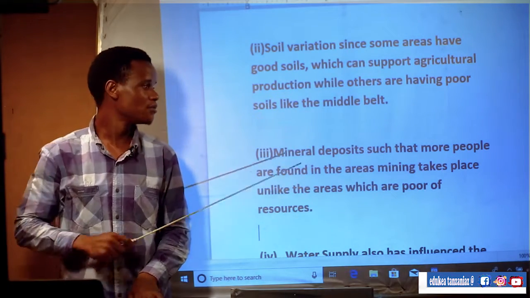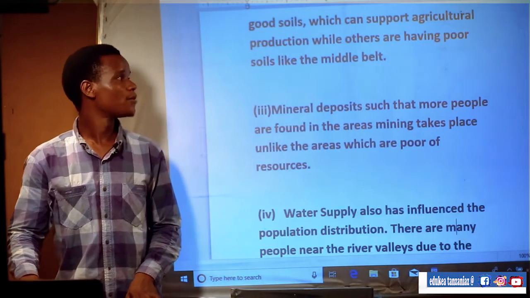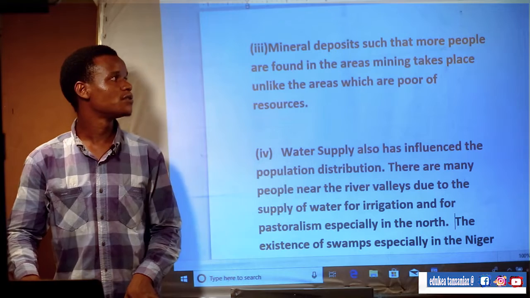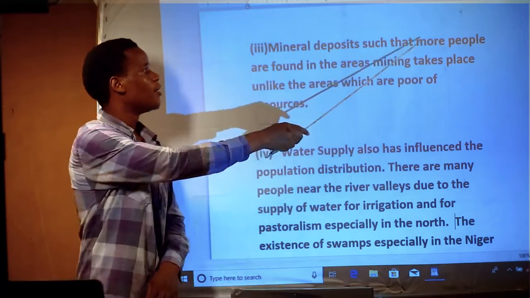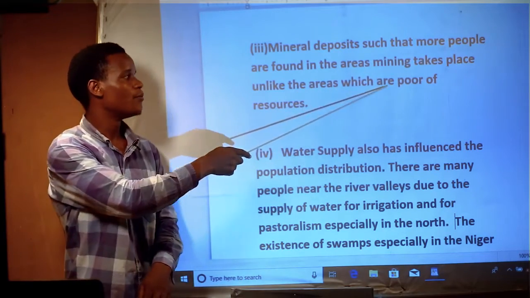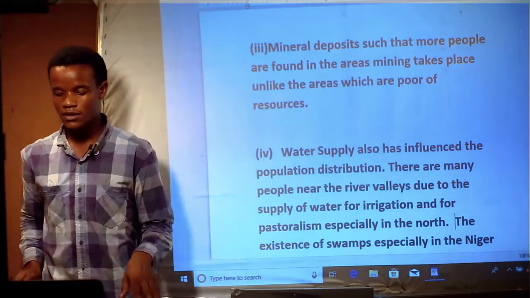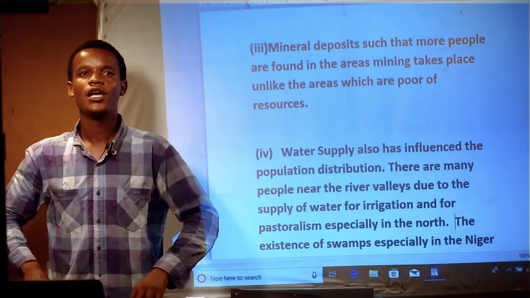Another point is mineral deposits. When we talk about minerals, it means a substance that is obtained underground. More people are found in the areas where mining is taking place, unlike the areas which are poor in resources. This is among the physical factors that lead to the uneven population distribution in Nigeria.